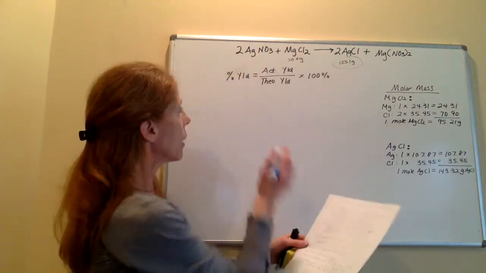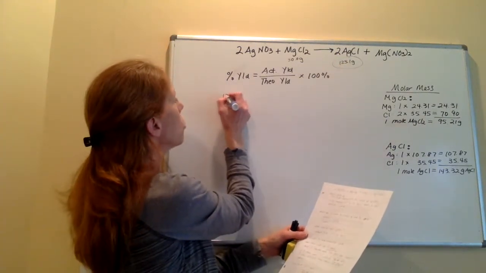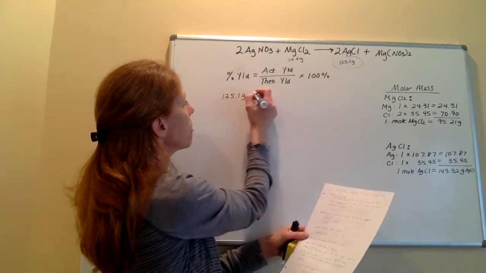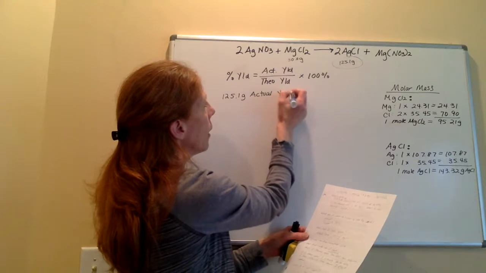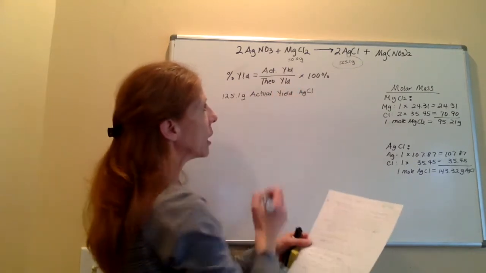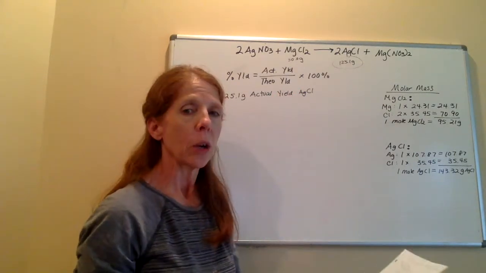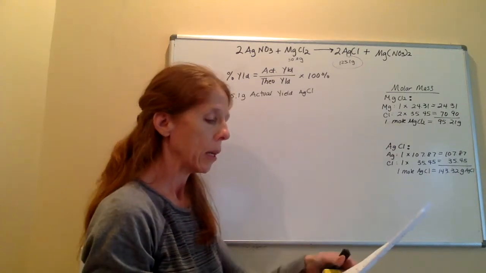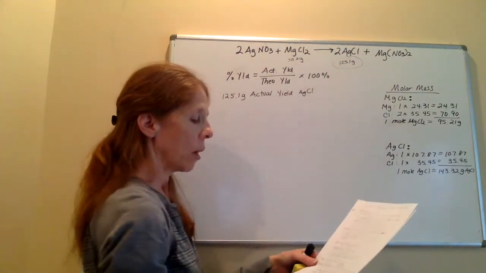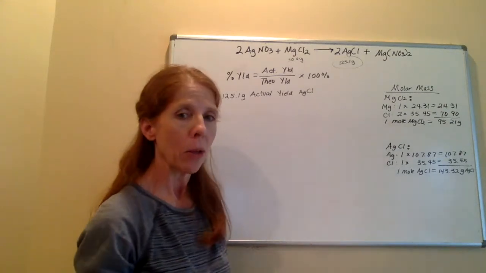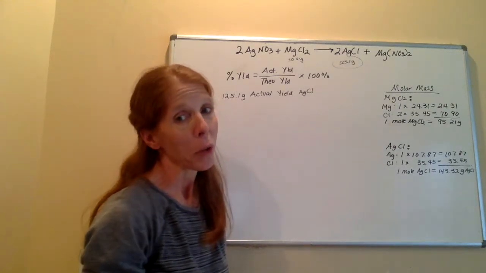That is my actual yield. So 125.1 grams of silver chloride is my actual yield. That's what I actually got. What I need to do is figure out what my theoretical yield should be. If I start with this amount, how much should I produce of silver chloride? So how do I do that? We do that with stoichiometry.